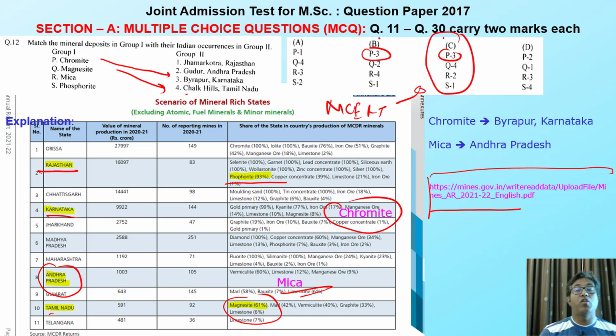So without knowing anything related to mica or phosphorite, I can go with option C. This is the elimination technique. But I will suggest you go through all this table, identify the most mineral concentration in that particular state, and then try to remember. So my option is C.